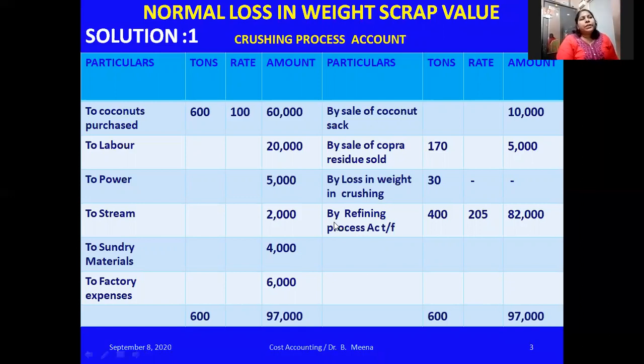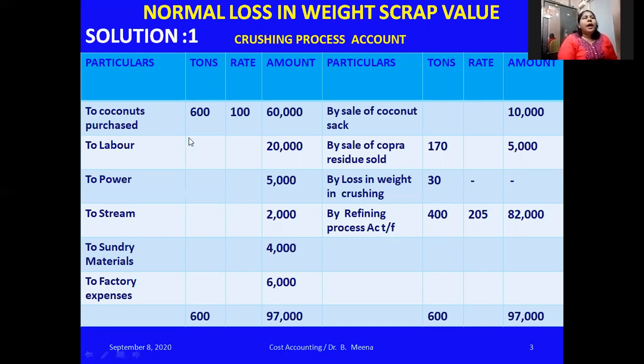That's why I mentioned by refining process account transfer. This crude oil is going to transfer to the next process, which is the refining process. So 400 quintals I wrote over there. Then I should have a short working to find out if there is any loss in weight.